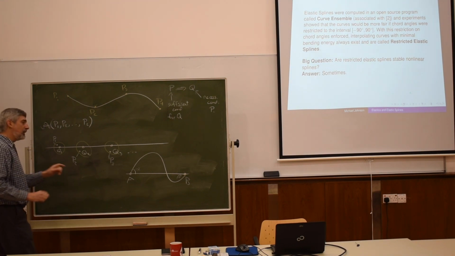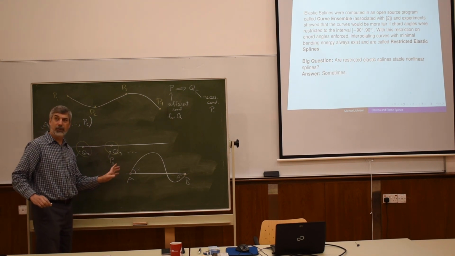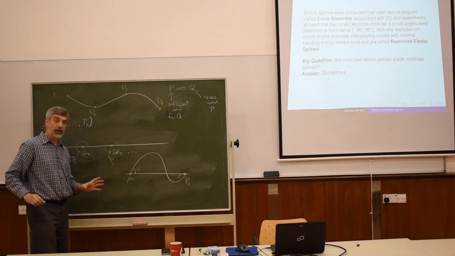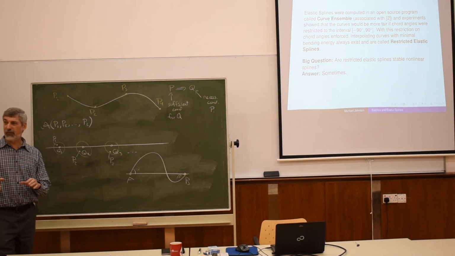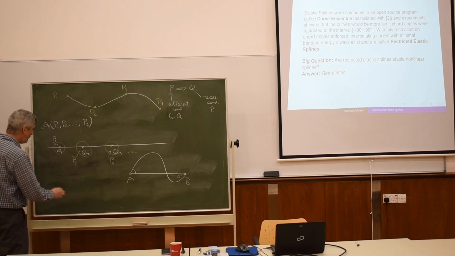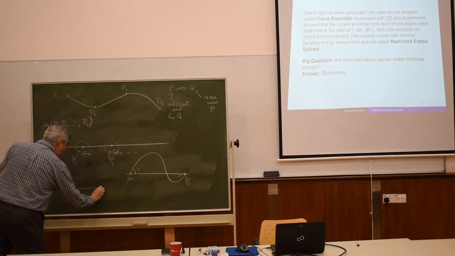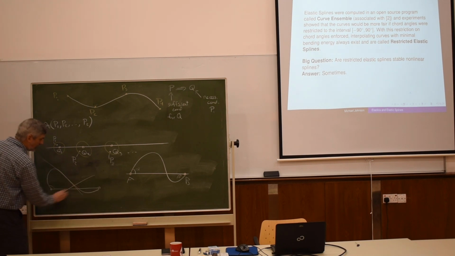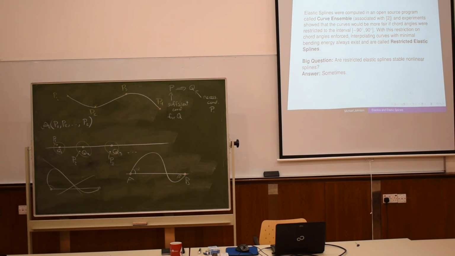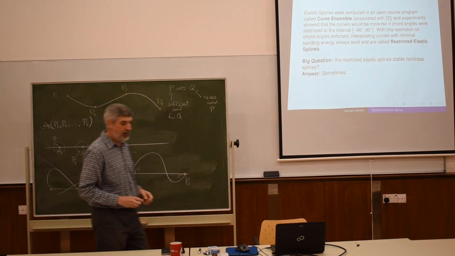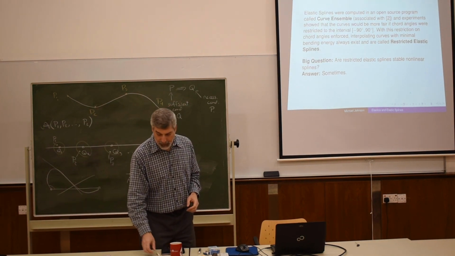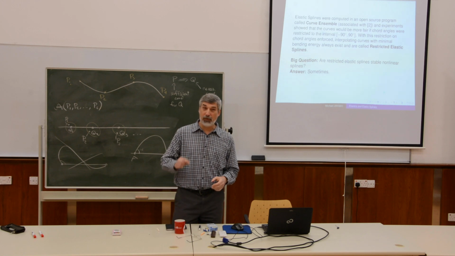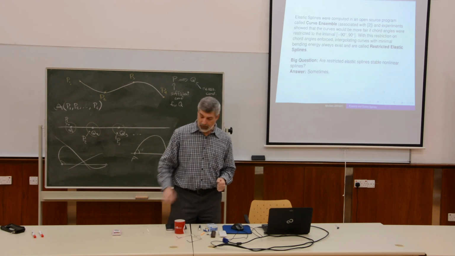And we're saying that we don't want to allow the chord angles to be greater than 90 degrees. If you do, then there's something bad about elastic splines. So if the curve started off like that, then this is more than 90 degrees. We don't want that. We disallow that.